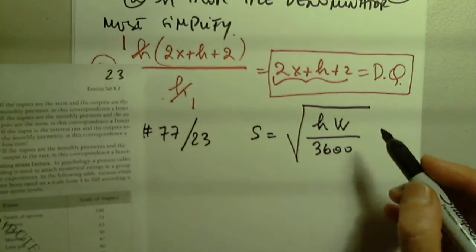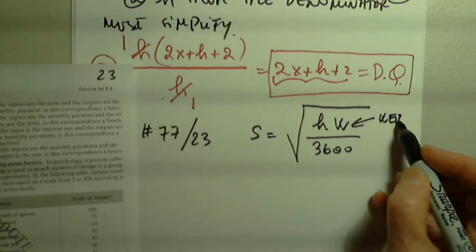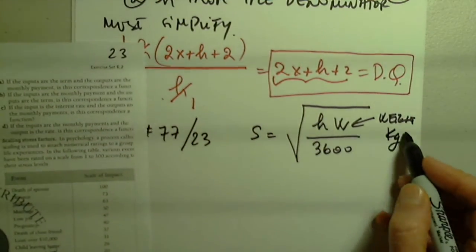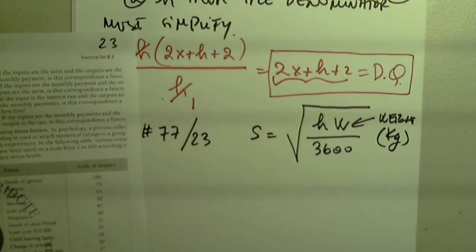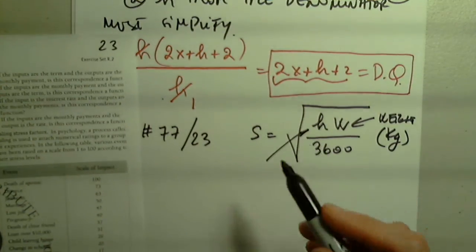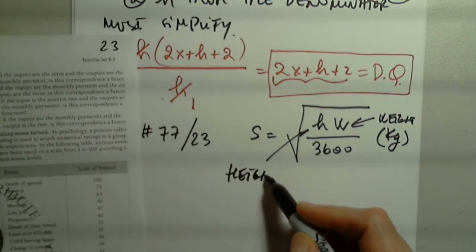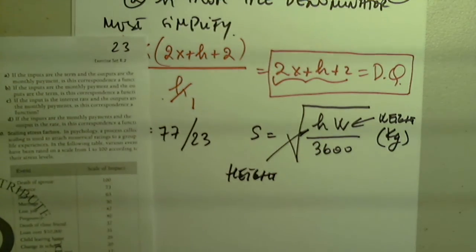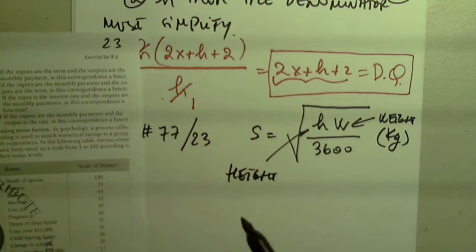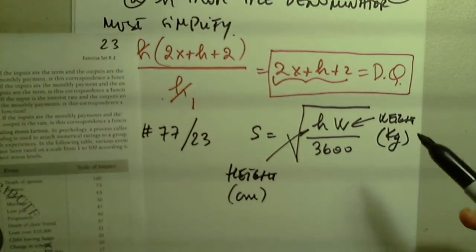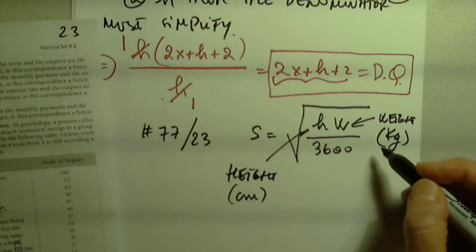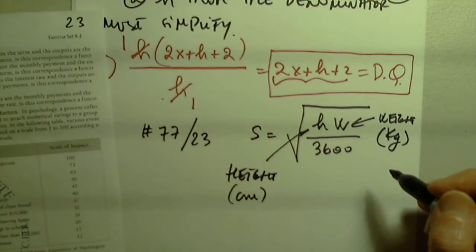W is the patient's weight in kilograms. H is the patient's height, measured in centimeters. Please always, whenever measurement units are given, all the answers have to have measurement units.